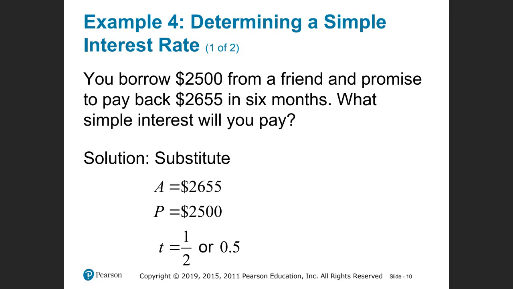What simple interest will you pay? Okay, we're going to use the formula that we just discussed. So A is going to be the $2,655. That's the future value. The present value, 2,500. T is 1/2 or 0.5 because it's 6 months or half of a year.